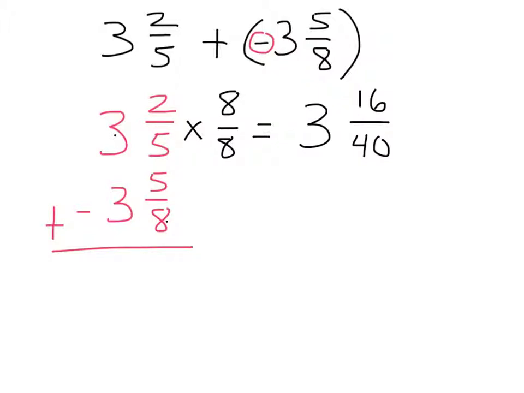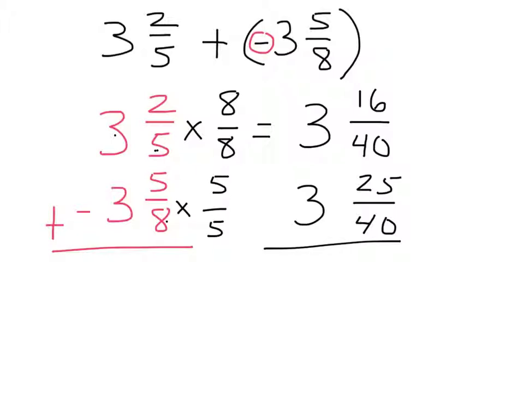Now down here, I'm going to multiply this one times the 5 up here. It has to come down here to get a common denominator, and I get 3 still out front, 5 times 5 on top is 25 over 40, and I still need plus a negative.